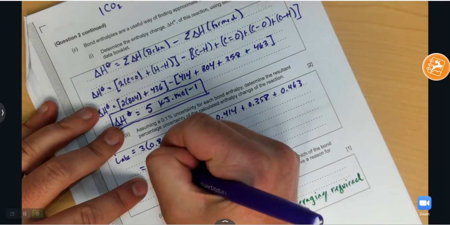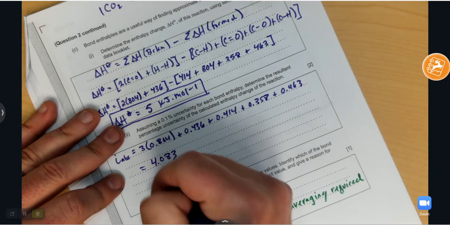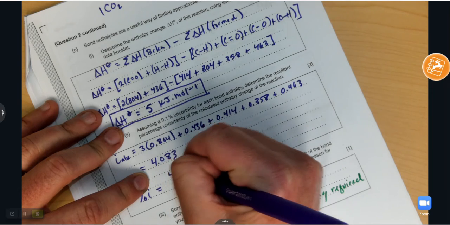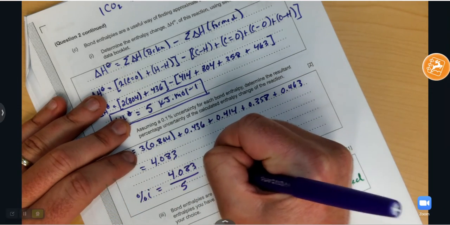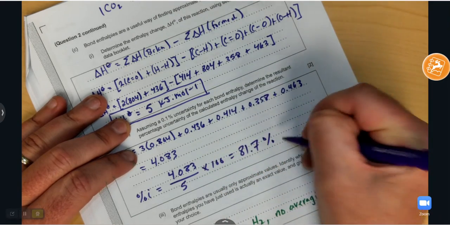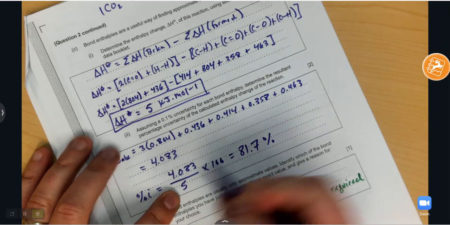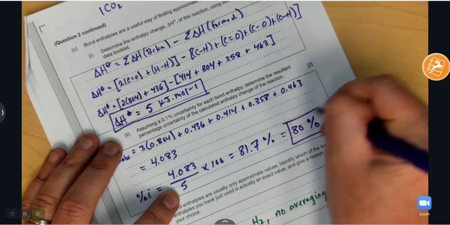When you do that math, you get 4.083. And then the percent uncertainty is just the uncertainty over the measurement. The uncertainty is 4.083 divided by the measurement, which is 5. Times 100 gives you 81.7%, but that is a measured 5. Only 1 sig fig, so that's going to round to 80%.